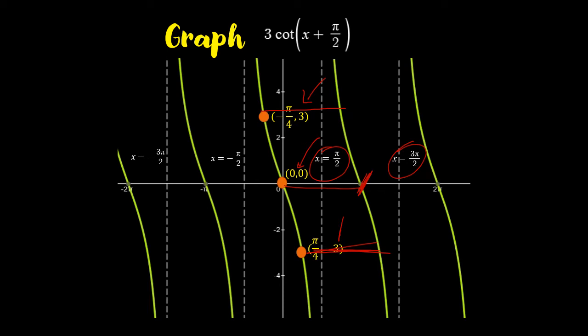So notice this point here is 4 pi over 2, that's 2 pi, 2 pi over 2, that's pi. So we keep adding pi all the way. Notice how this one is 2 pi, negative pi. So this one is pi, this one is 2 pi. So if we added pi here, we have to add pi to find this point. We have to add pi to pi over 4 to find this point.